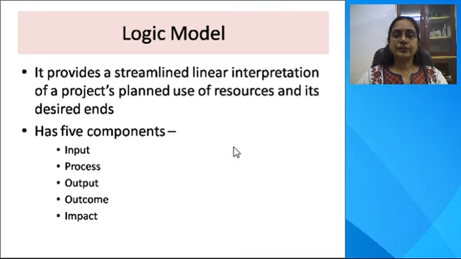That means what are the resources which are going to be there and what is going to be the desired outcome of it, the desired end, the desired goal. It has 5 components which are input, process, output, outcome and impact. It's a linear model which shows these sections: input, process, output, outcome and impact.